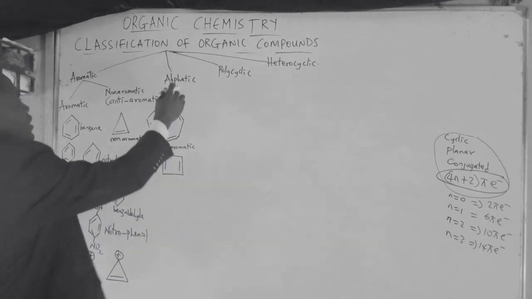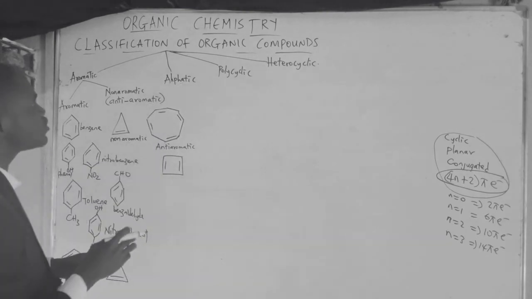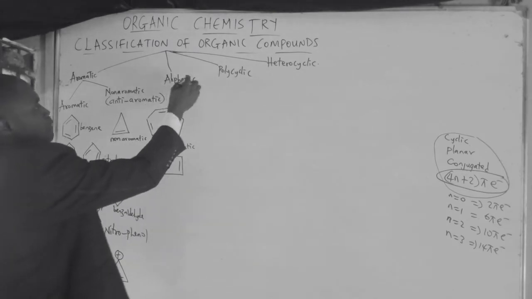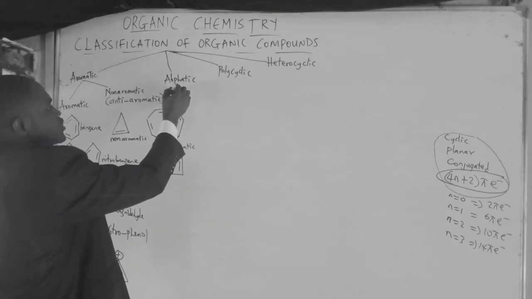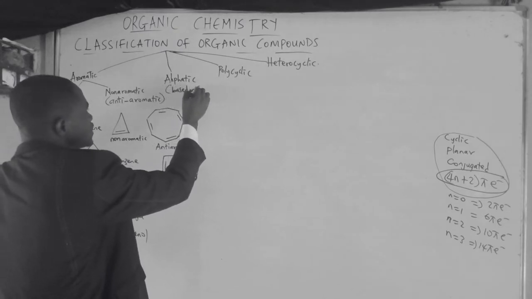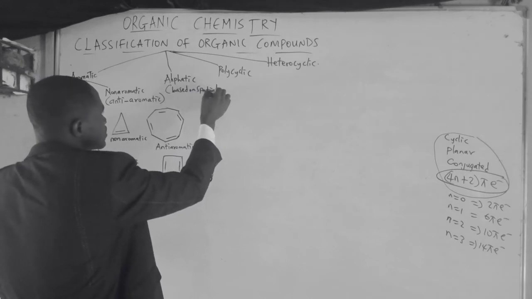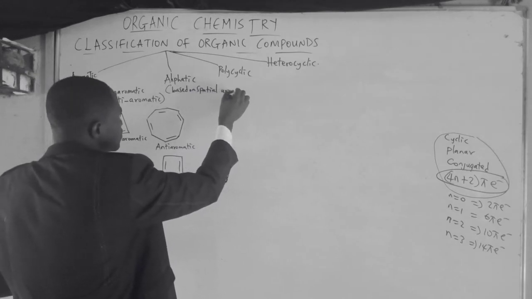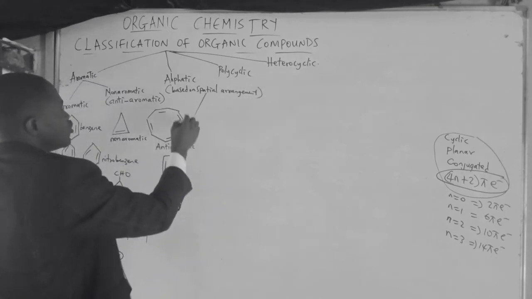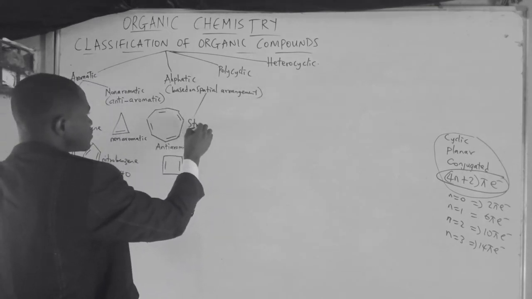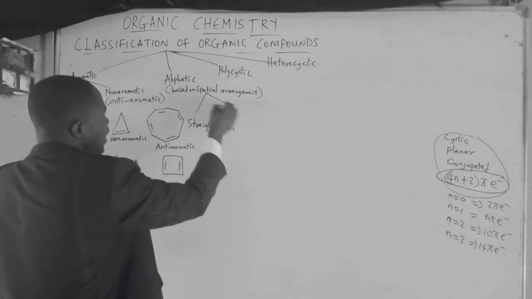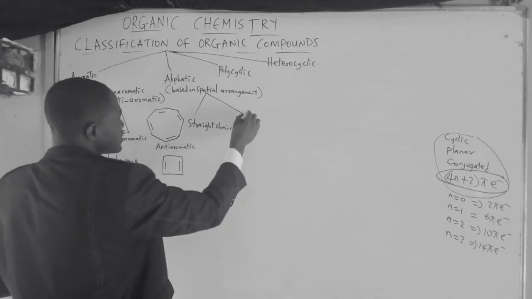Then we go to the next class of organic compounds, aliphatic. Now, if you classify this aliphatic based on their spatial arrangement, you have straight chain. You also have alicyclic.